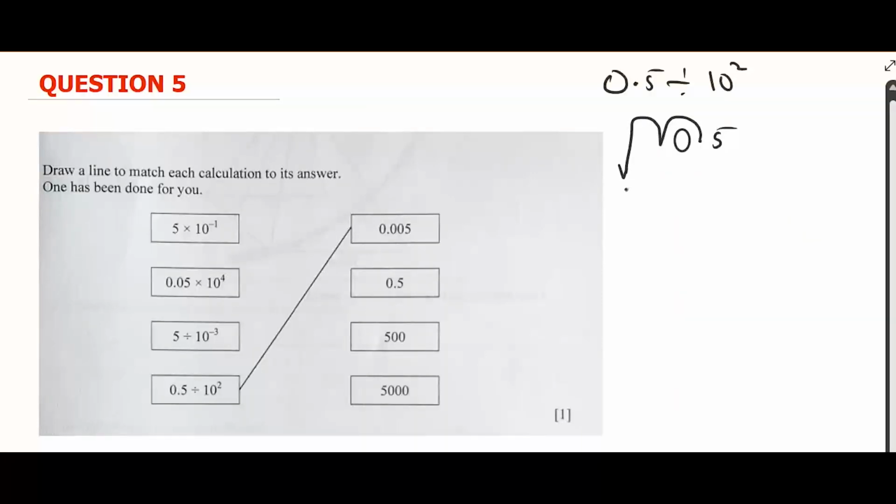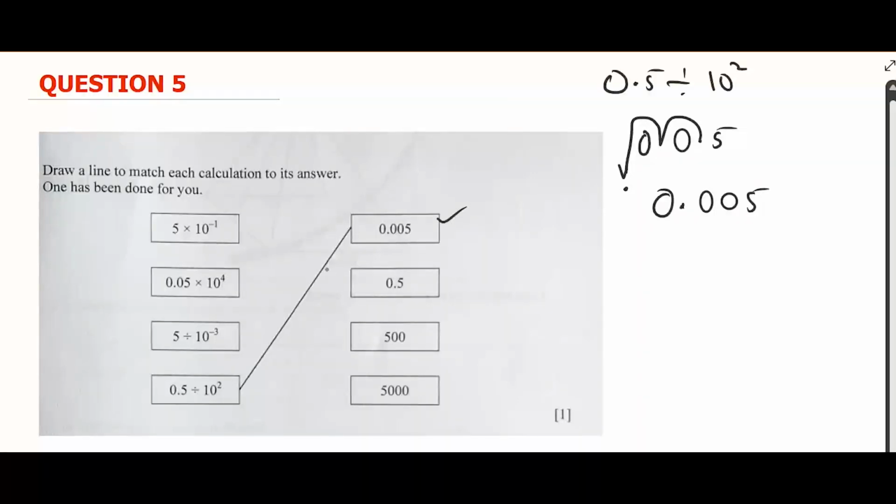You fill up the empty space with 0, so you have 0.005. Of course, it is always good to precede a decimal point with a 0. So 0.5 divided by 10 to the power of 2 is the same thing as this, and that is very correct.